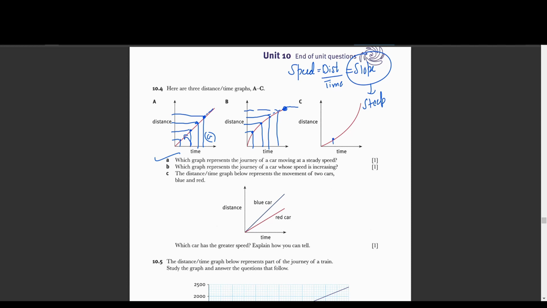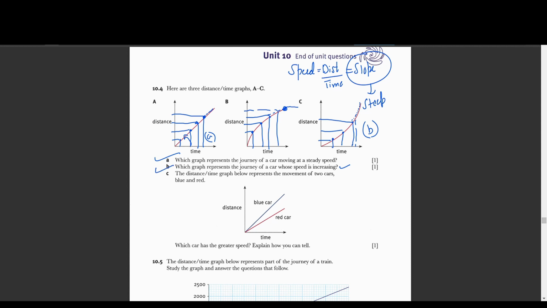Have a look at this graph C. As the time passes, the distance traveled becomes more as compared to the time taken. Fine. So this indicates that the car is increasing its speed. So this graph, graph C, represents the journey of a car whose speed is increasing.